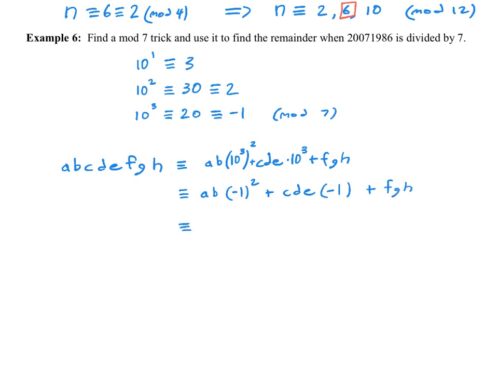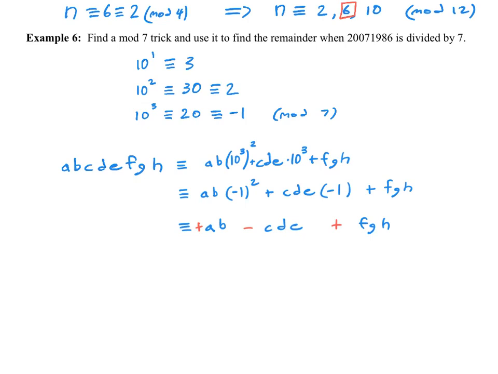So as a result, what we can do is alternately add and subtract groups of 3, starting with adding from the right-hand side. And notice that this minus 1 that we just wrote can be changed into minus CDE instead of plus and multiplying by minus 1.